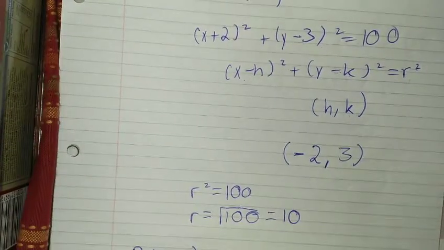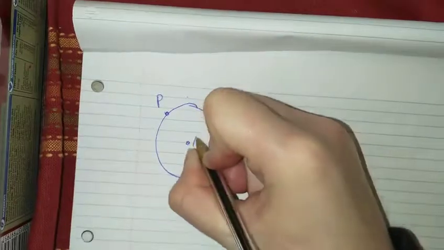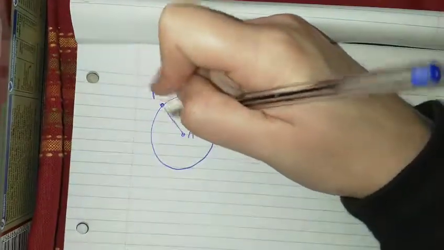And then I'm asked to find the equation of the tangent to C at P. A tangent is a line that touches the circle at only one point.